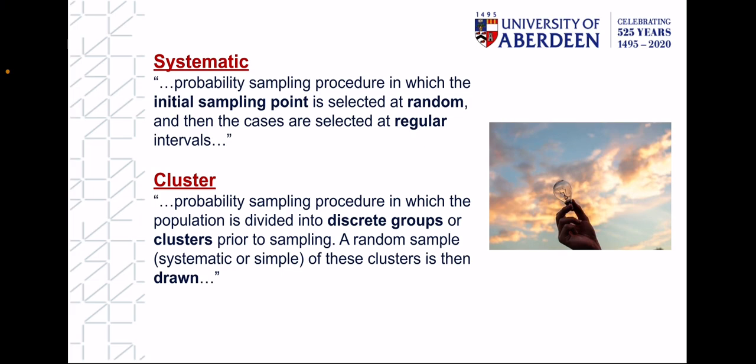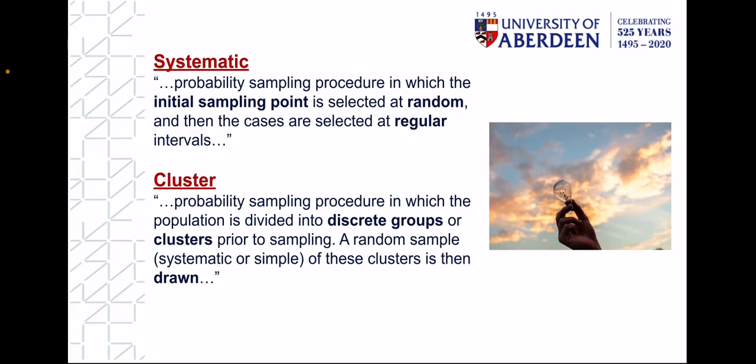Members from a larger population are selected according to a random starting point, but with a fixed, periodic interval. This interval, called the sampling interval, is calculated by dividing the population size by the desired sample size.